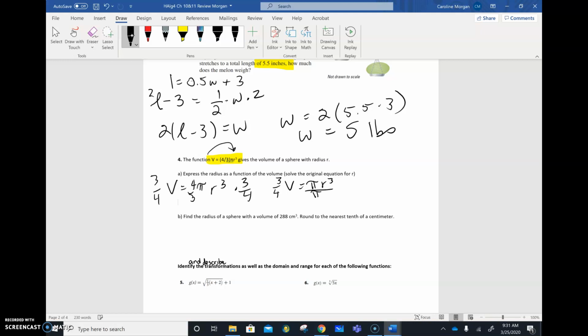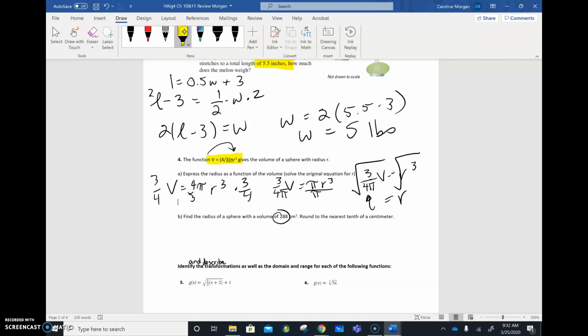I'll divide both sides by pi. 3 over 4 pi, pi's in the denominator, times V equals r cubed, take the cube root. R equals that, okay? Find the radius of a sphere with the volume of this.